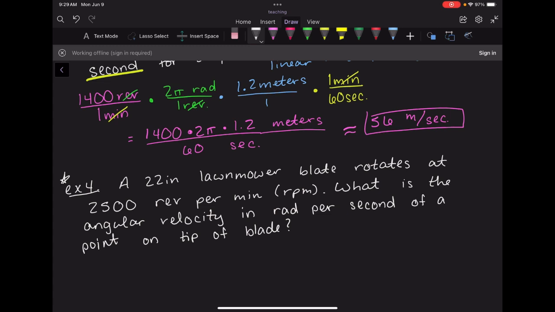And then I will also ask, what is the linear velocity in miles per hour?